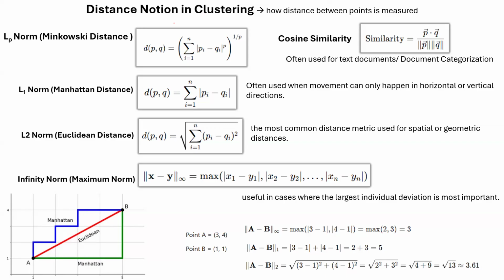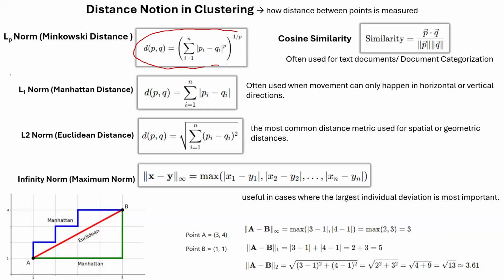So if you take an LP norm, which is the Minkowski distance, this is the formula of the LP norm. This is the generalized formula of distance notion or distance measure between different points. If you apply p is equal to 1, we call that Manhattan distance.